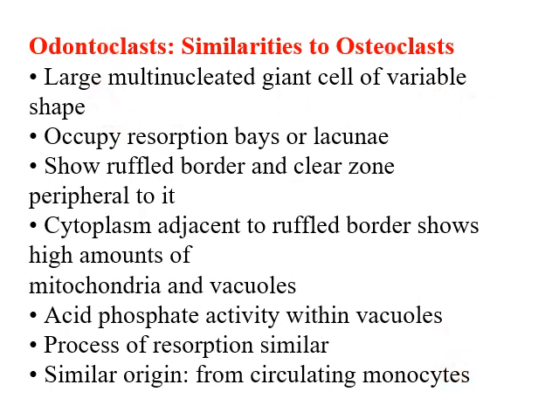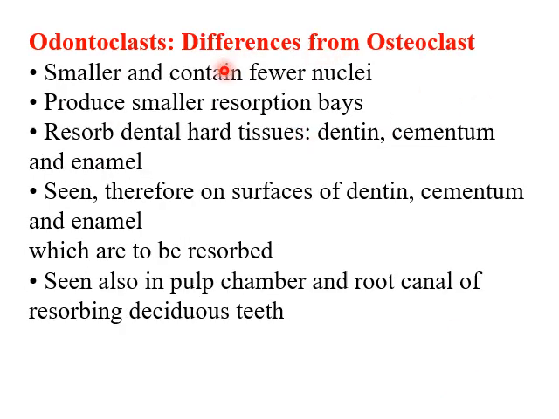What are the differences of the odontoclast from the osteoclast? The odontoclast is smaller and contains fewer nuclei than the osteoclast. It produces a smaller resorption bay, a small Howship's lacunae, and resorbs dental hard tissue, dentin, cementum, and enamel, while the osteoclast resorbs bone tissue.